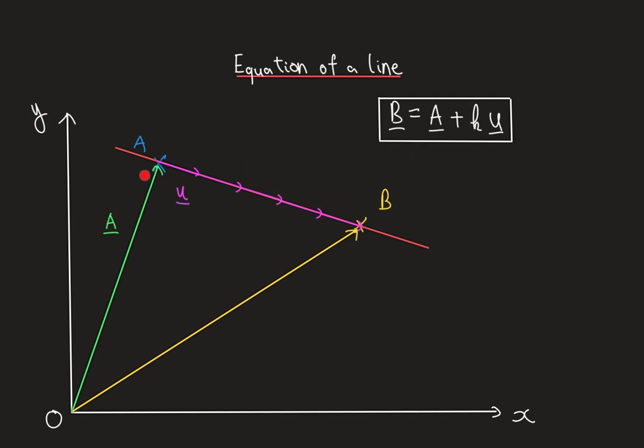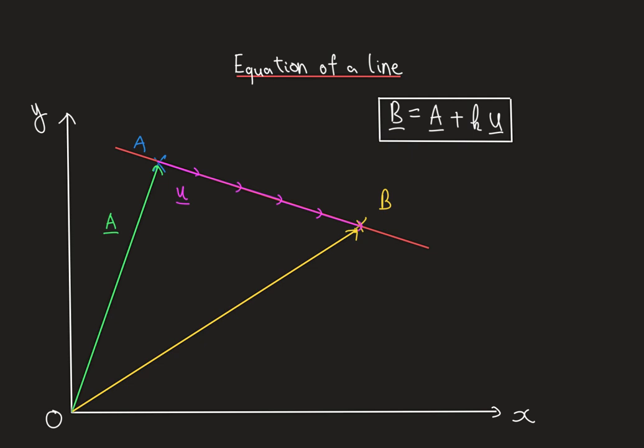And by adding these two vectors from end to end, A and ku, what we get is our position vector B, which puts together the origin and the point B. Okay, so what I mean by that is our position vector B links our endpoint B and our origin.